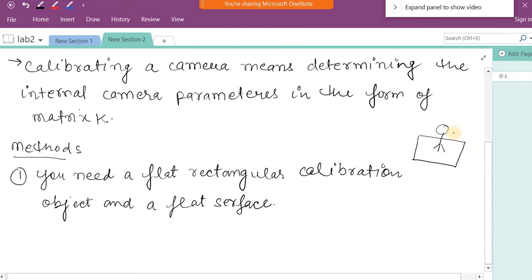This entity is called the rectangular calibration object.